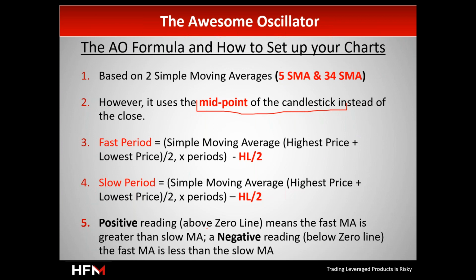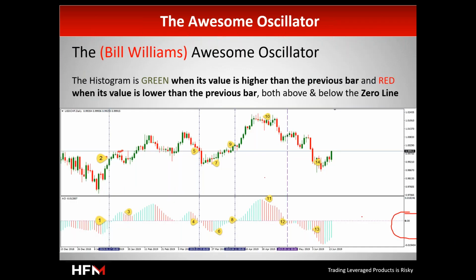That's why a positive reading from the Awesome Oscillator implies that it will be above zero, right? Remember that the Awesome Oscillator is plotted below or above zero. So anything positive will be drawn above zero, and anything negative will be drawn below zero.